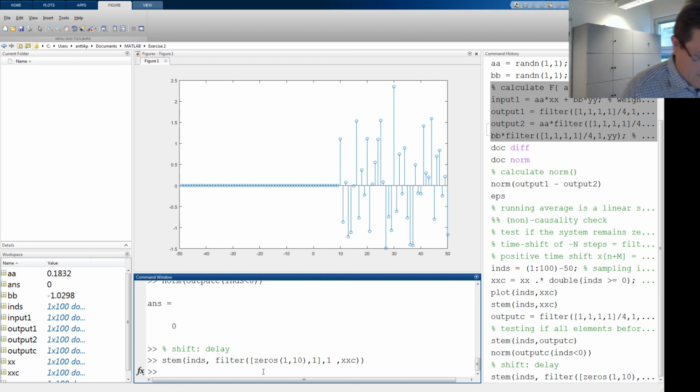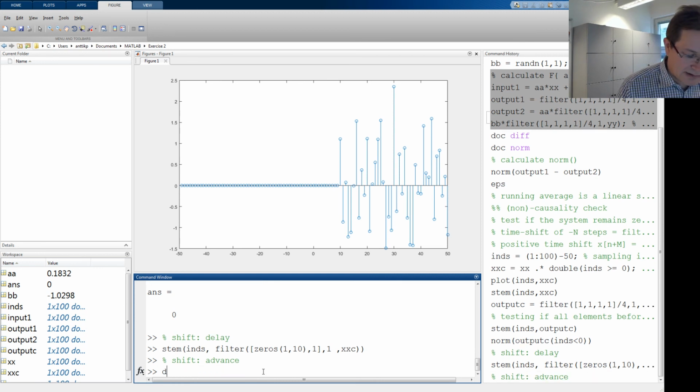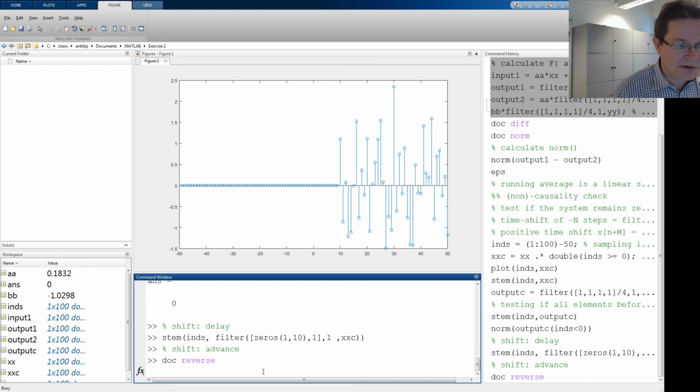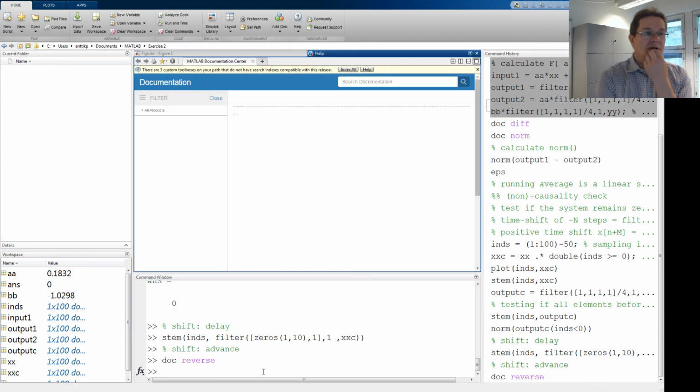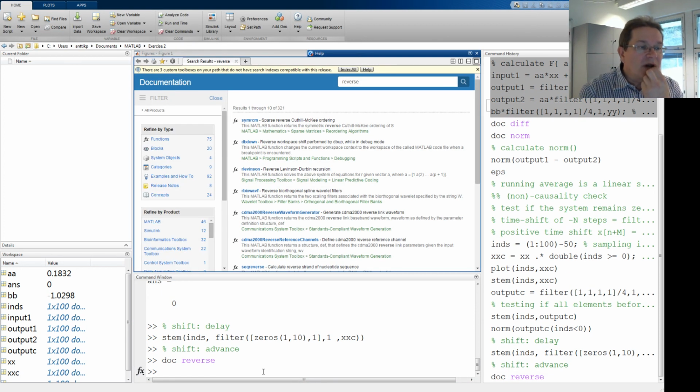And then shift for advance operation, meaning the plus something, you need that one. I'll see if we have a reverse function. No, we don't have it. I think you can use flip. Flip.